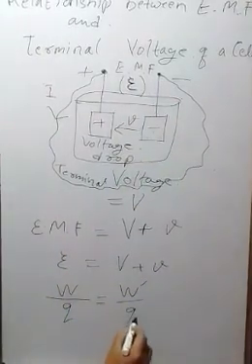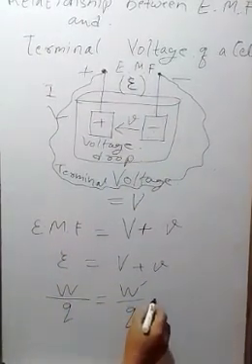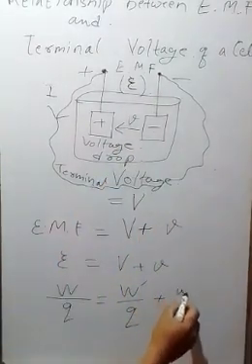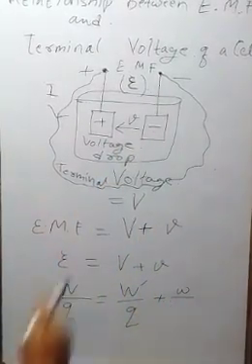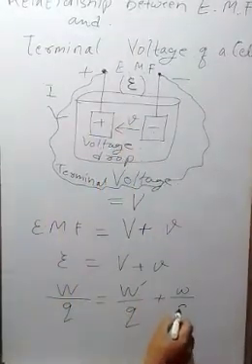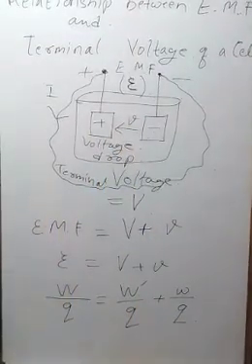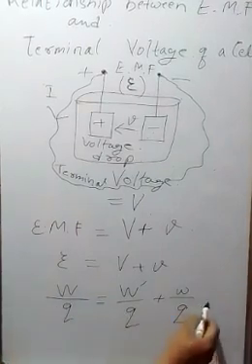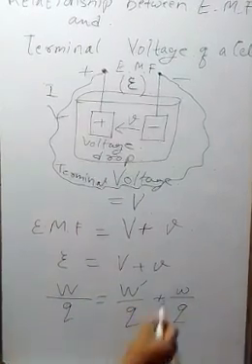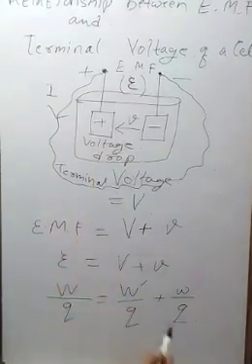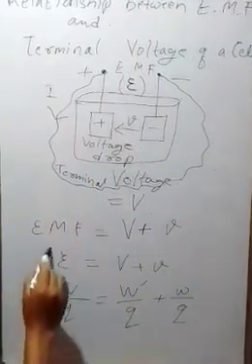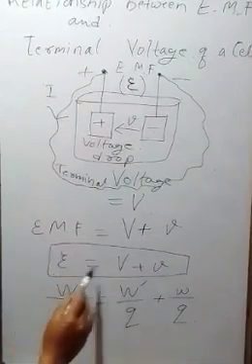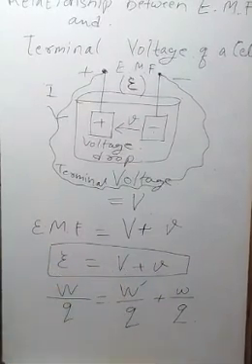The same positive charge also flows inside, so there will be a small work done inside the cell for the same positive charge. Clear? So this term was before the flow, and this term is when it is flowing inside and outside. So this is the required relationship between E.M.F and terminal volts.